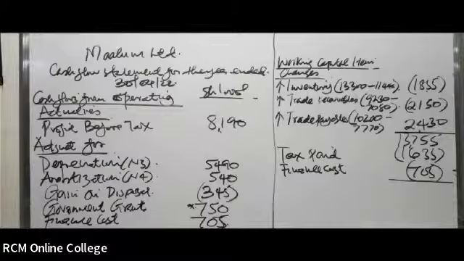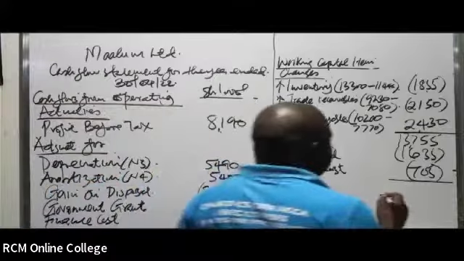So this one is 13,755. Then we minus 1635, and then we minus 705. So you get 11,415.